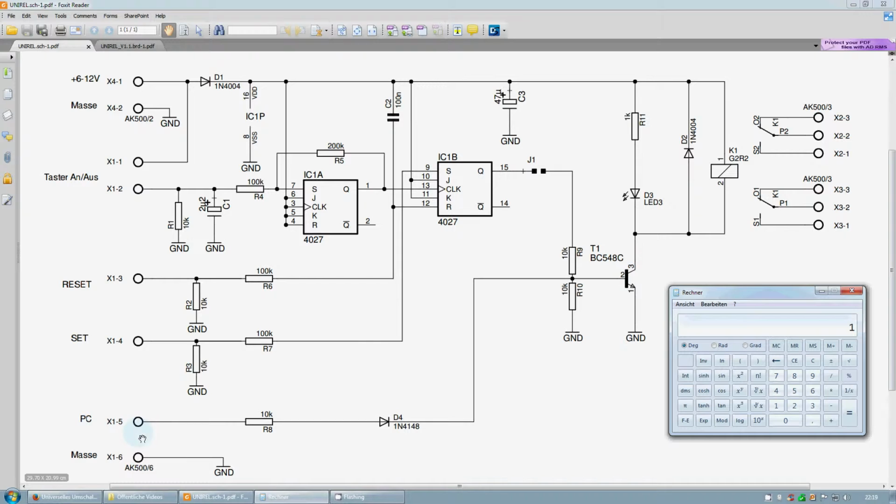And what happens if we have a high signal, a positive signal here, and now the input is low?